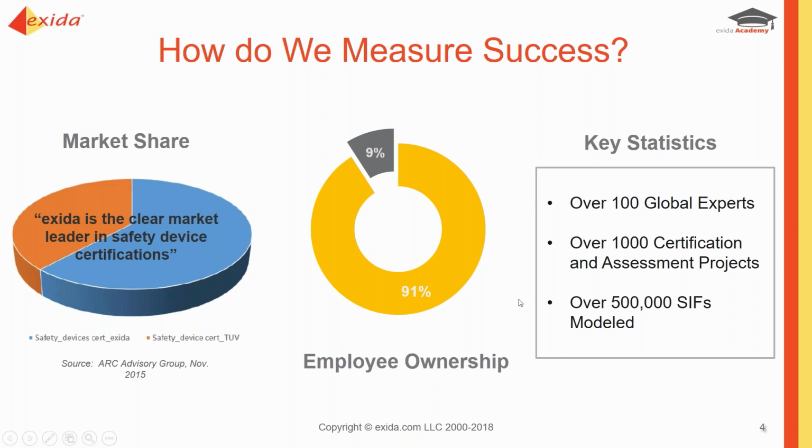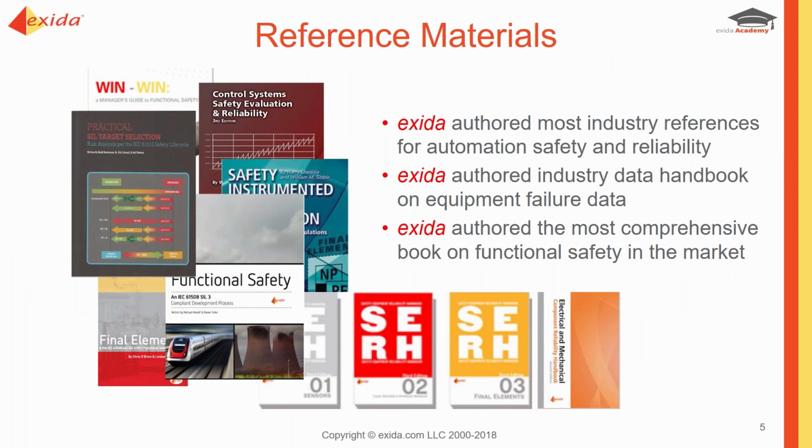In terms of reference materials, we've authored probably the most books on automation, safety, and reliability, and some of you may already have some of these. If you do the FSC 100 course, we supply 3 of the books to support the course and help people move towards becoming a Certified Functional Safety Expert or Certified Functional Safety Professional, and also on the cybersecurity side.